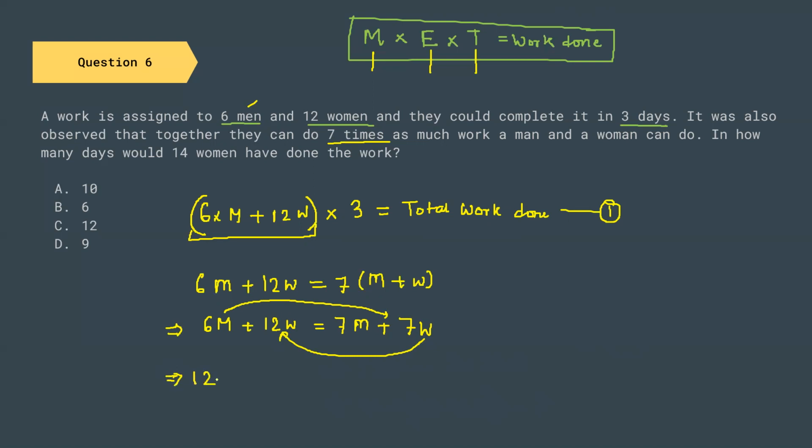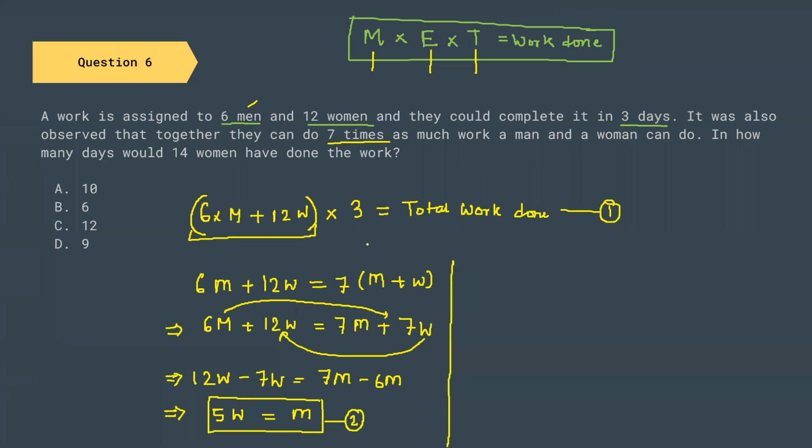So 12W minus 7W is equal to 7M minus 6M. Simplifying, this is 5W and this is M. So M is equal to 5W. This is an important relationship, so let us mark it as 2.